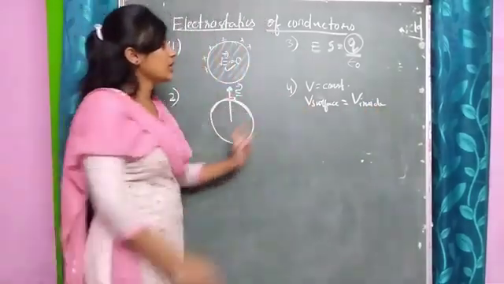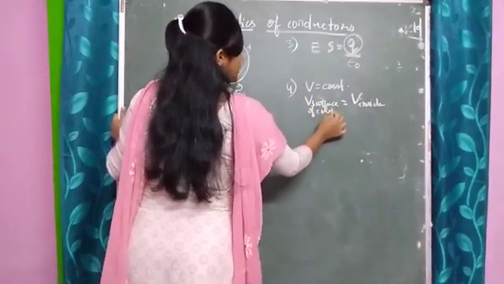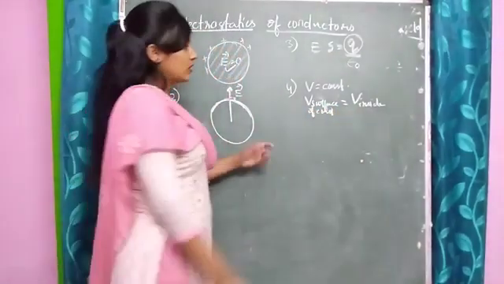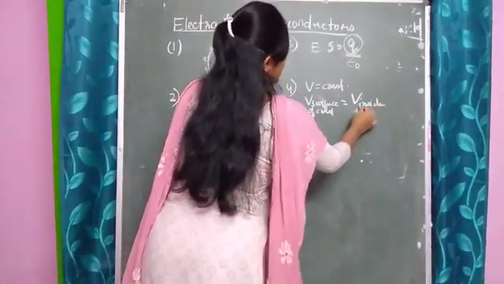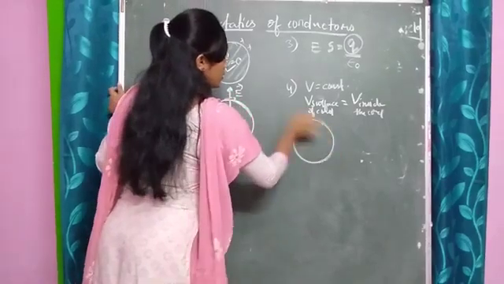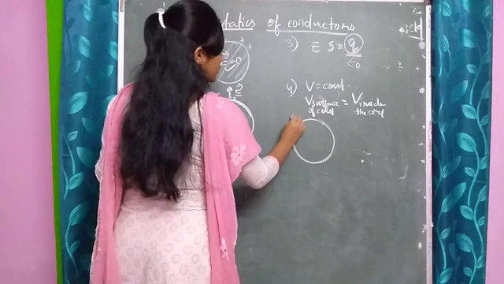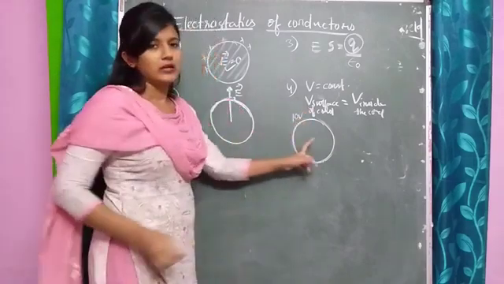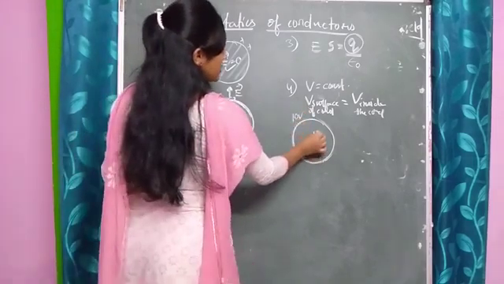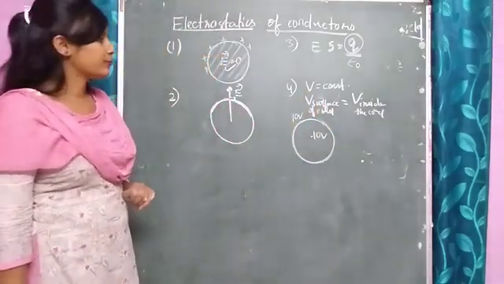If the potential at the surface of the conductor is V, then it will be equal inside the conductor also. So if the potential at the surface is 10 volts, then inside we will have the potential of 10 volts.